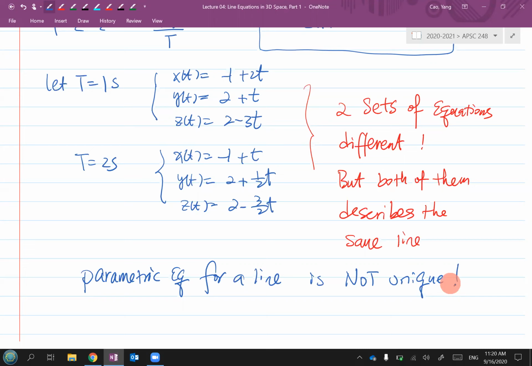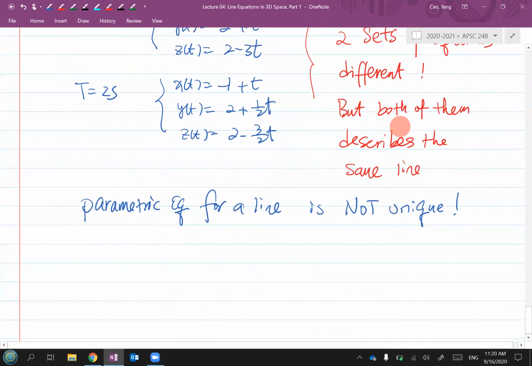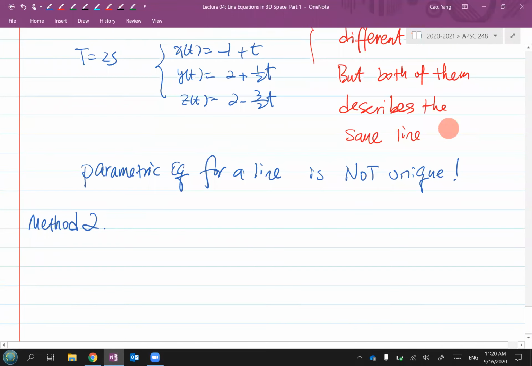Okay, so this is the first approach of deriving this line equation. I do have another approach, which is actually a little simpler to derive this line equation. So give me 1 minute and I'll be able to finish this.